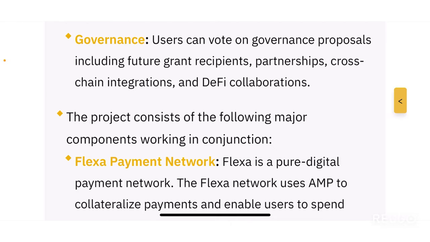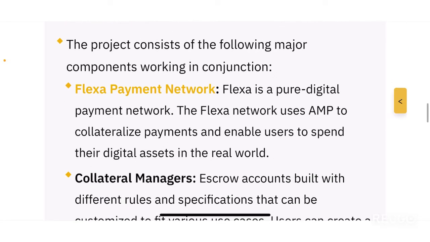So by holding the AMP tokens, you can facilitate governance proposals, including participating in future grant recipients and partnerships. You can vote on that. You can also vote on cross-chain integrations as well as DeFi collaborations by just holding AMP tokens, right? So these are some of the main use cases of the AMP tokens within the Flexa network.